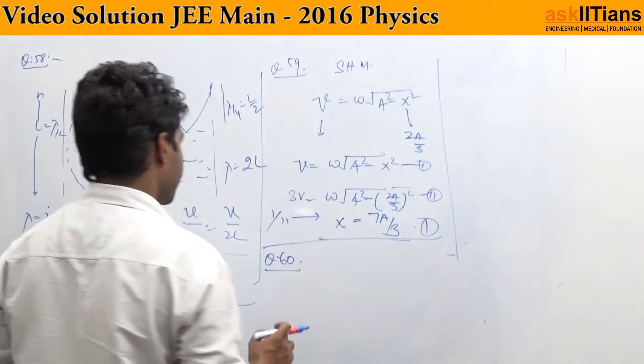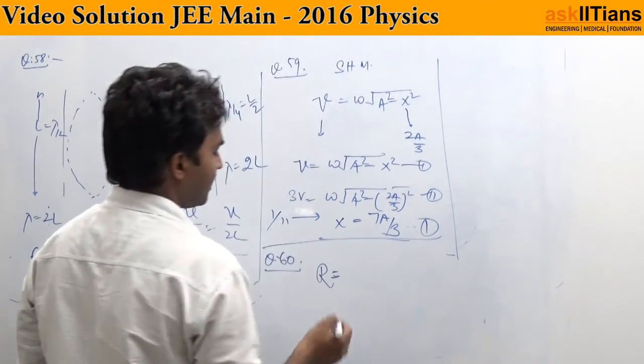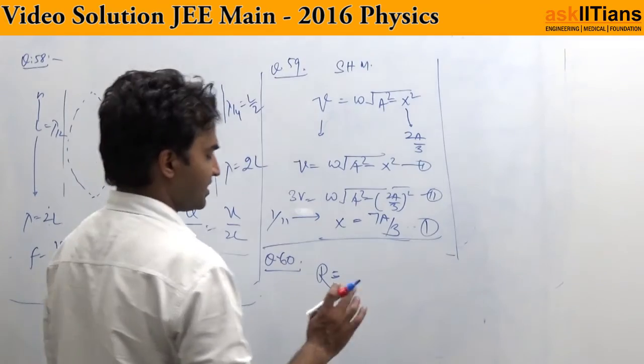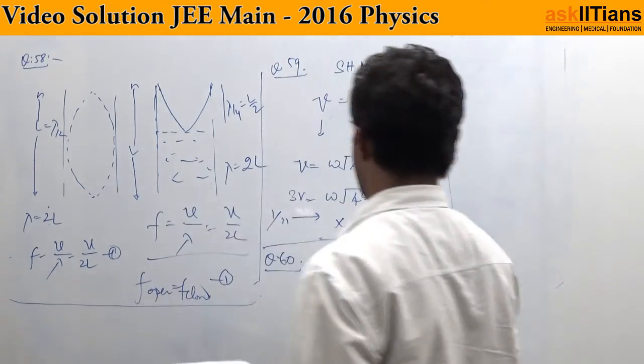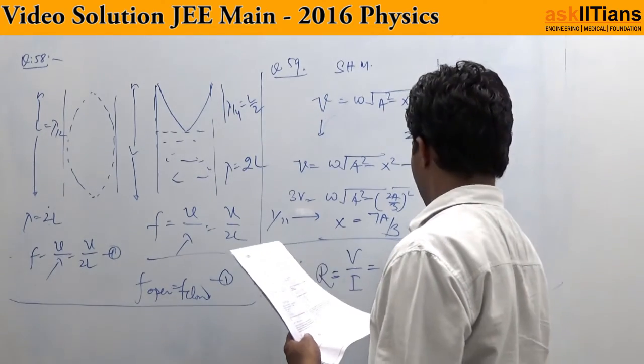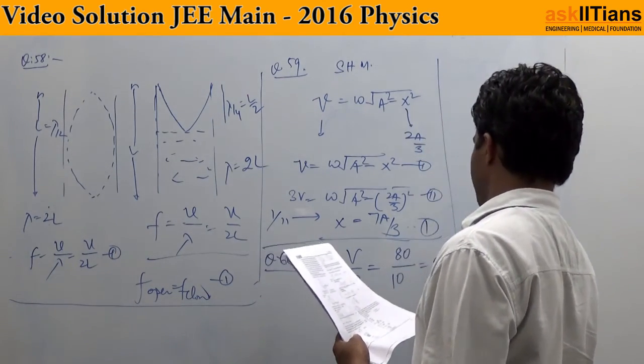This question is from the AC part, so don't mix the concepts of DC and AC. R is V upon I. By Ohm's law, V is 80 volt upon 10 ampere, so it is equal to 8 ohm.